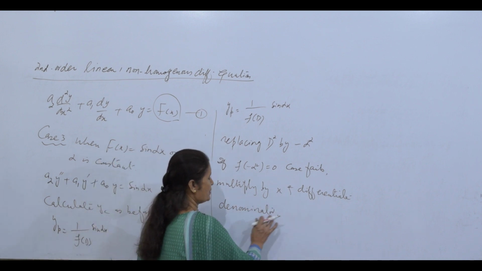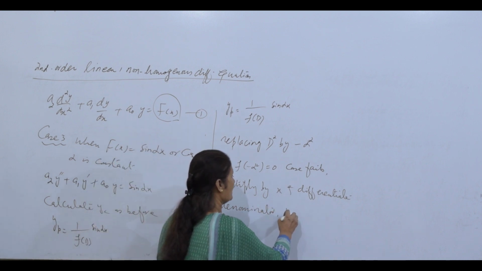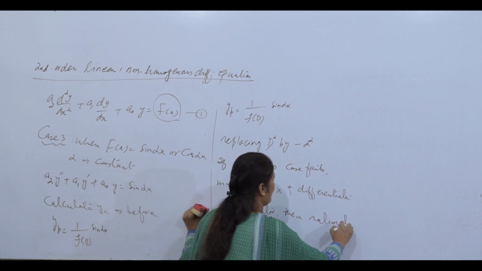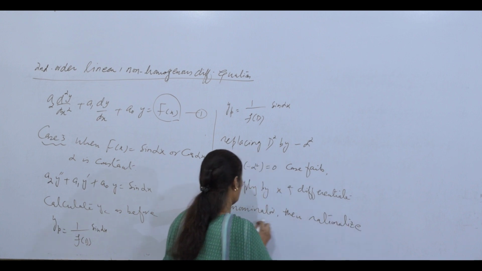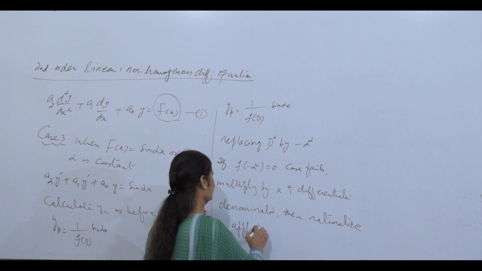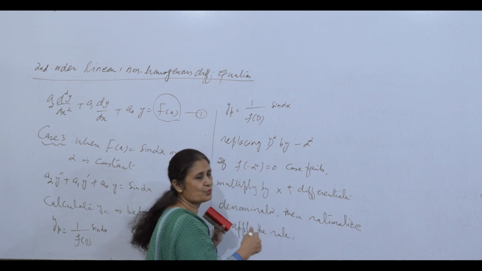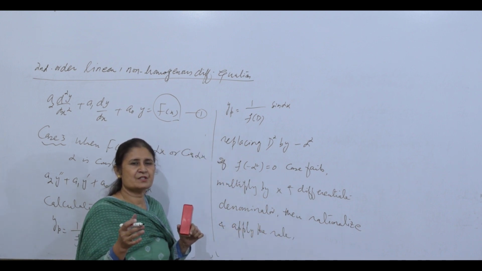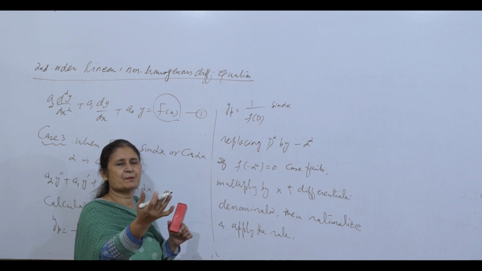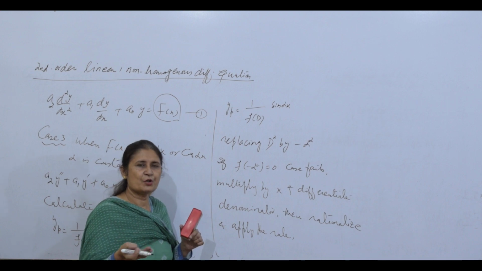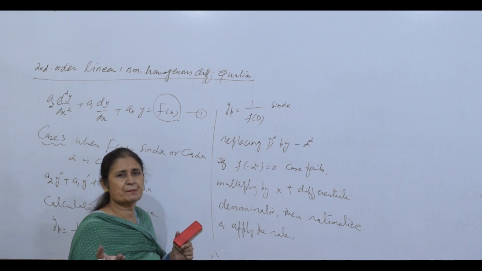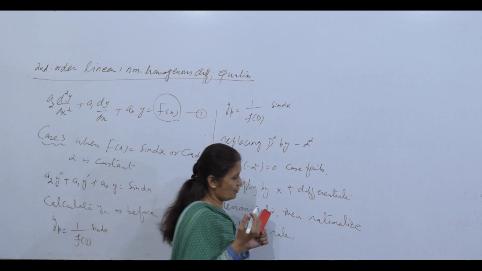If you are differentiating the denominator, then rationalize and apply the rule. Once you rationalize the denominator, suppose the denominator contains D plus 1. If you are rationalizing by multiplying and dividing by D minus 1, the denominator becomes D square minus 1, and then since D square is appearing, you have to apply the rule.